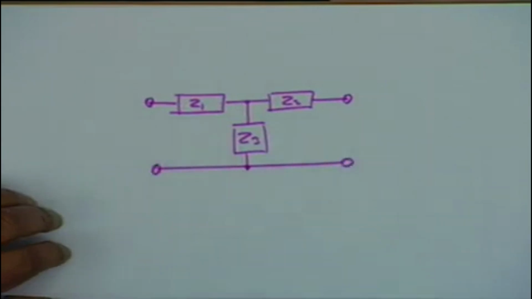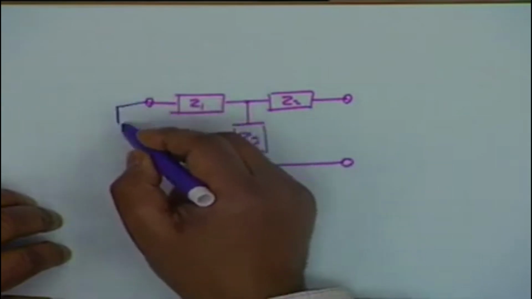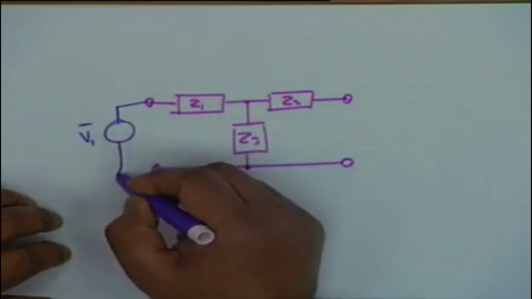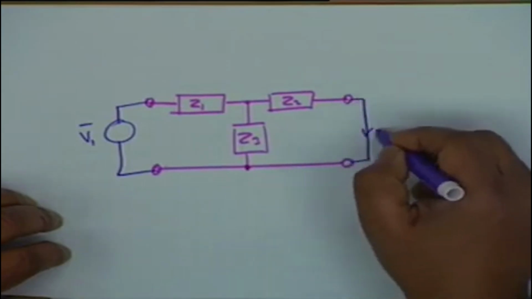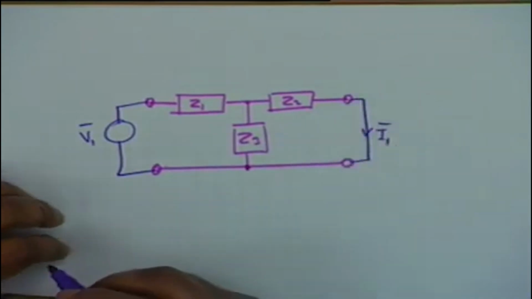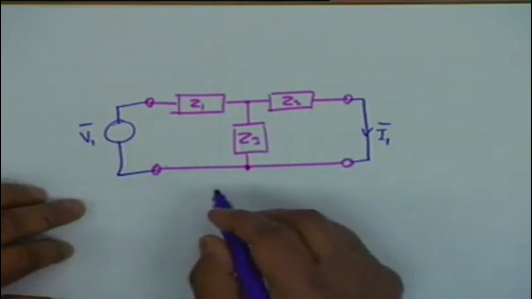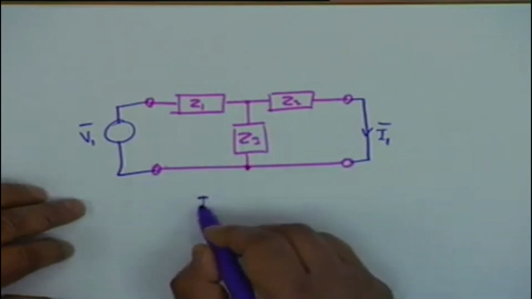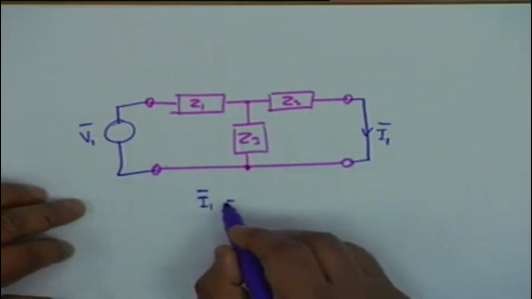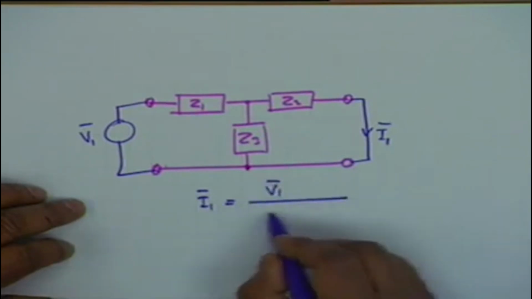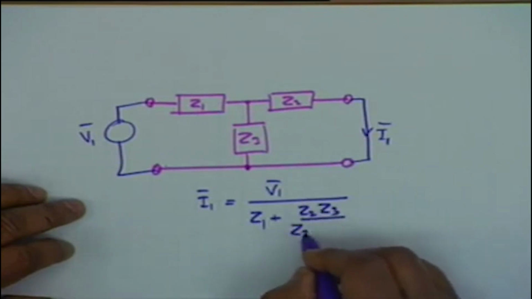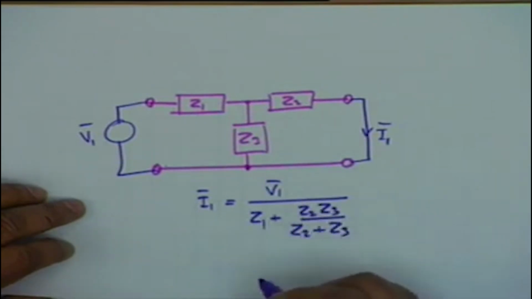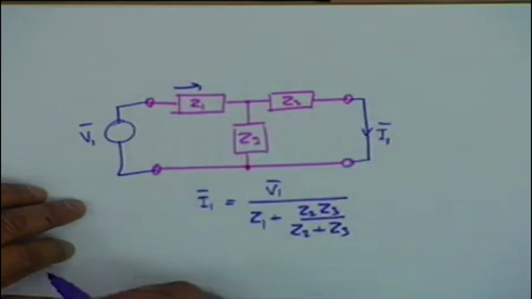Alright. Now let's apply a voltage source here, V1, and let's find out the short circuit current I1 here. Obviously I can find out I1 by inspection. It is V1 divided by Z1 plus Z2 Z3 divided by Z2 plus Z3. This is the total current.